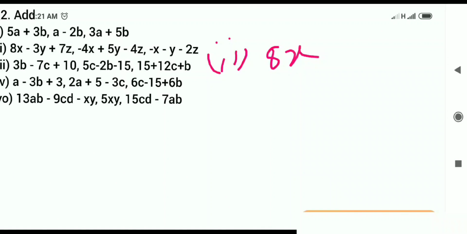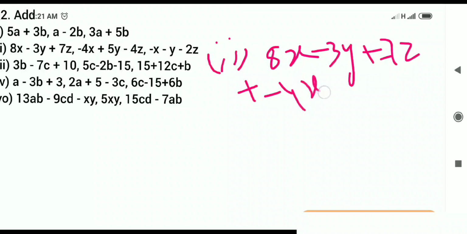These sums can also be done by writing in columns. Thus we write all the variables in columns and then calculate. 8x minus 3y plus 7z, put a plus sign here, plus minus 4x.